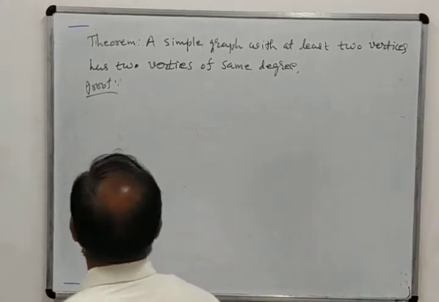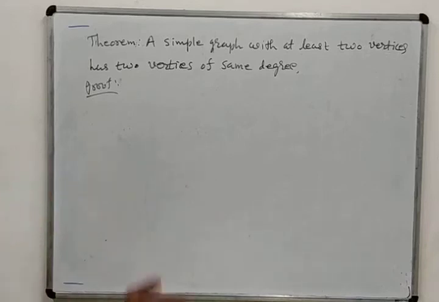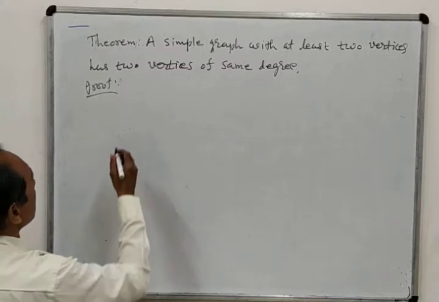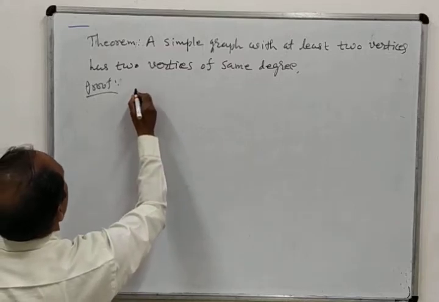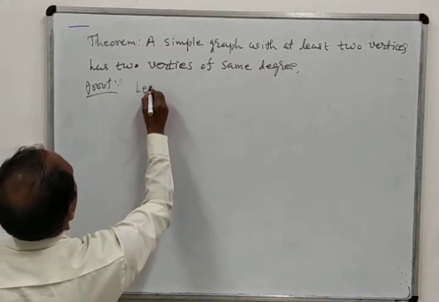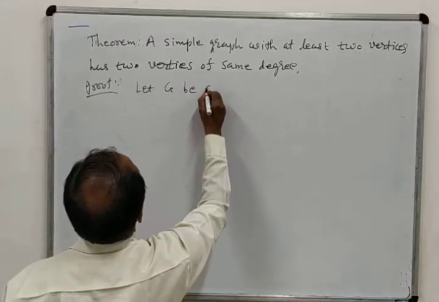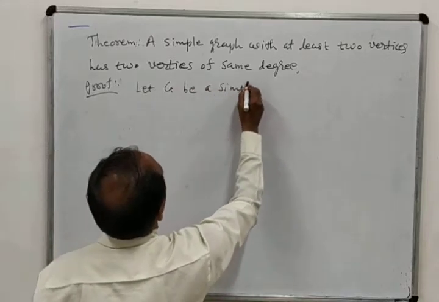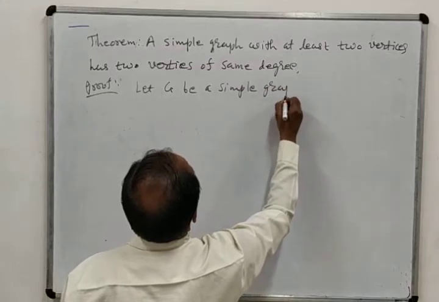So what is given and what do we want to do, that we will note down first in the proof. So you will get at least 1 mark from this theorem. So let G be a simple graph. Then we will mention about the simple graph.